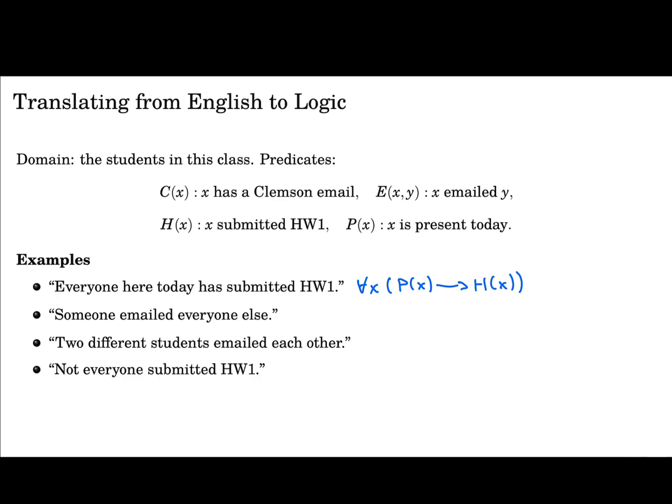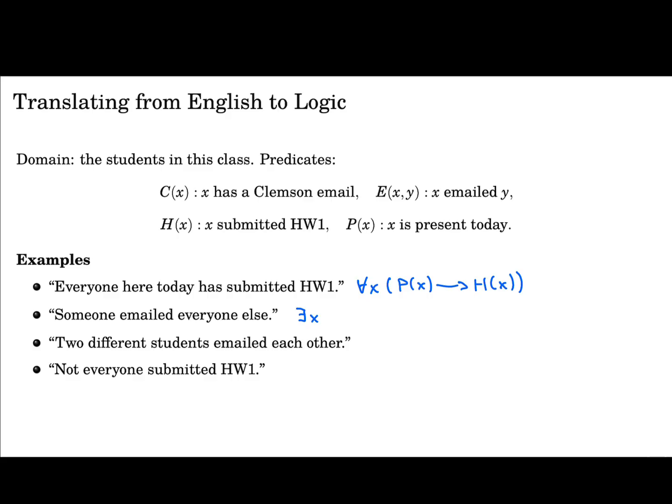Okay, let's do another one. Let's do the second one. Someone emailed everyone else. So someone, it doesn't need to be everyone, it's just someone, and I don't know who. So this sounds to me like there exists an X, so there exists a someone, and they emailed everyone else. So I need to be able to talk about everyone else.